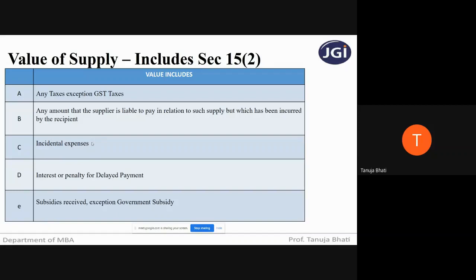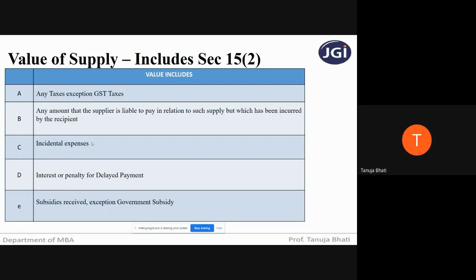Okay, which are those expenses that are incurred after the supply of goods or services. Like if special packing is required, if suppose insurance on those goods is required.